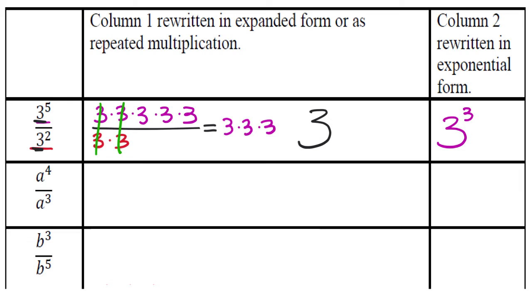So this is also important for using this property of subtracting the exponents. Again, the bases have to be the same in order to apply this property, okay? But what you're going to do is you're going to take the exponent of the numerator, which was a 5, and the exponent of the denominator, which was 2, and then they need to be subtracted in this order.